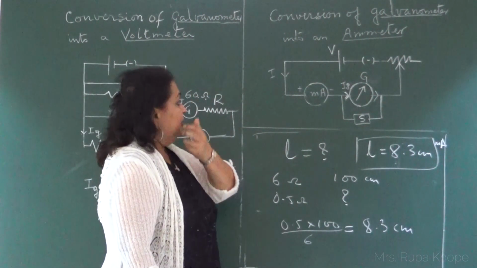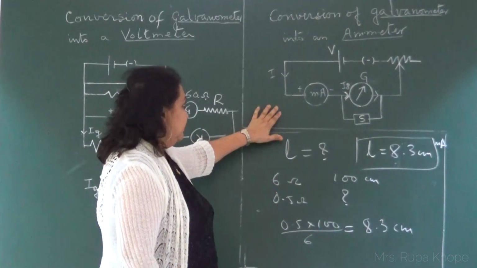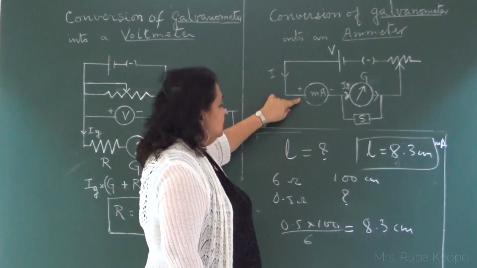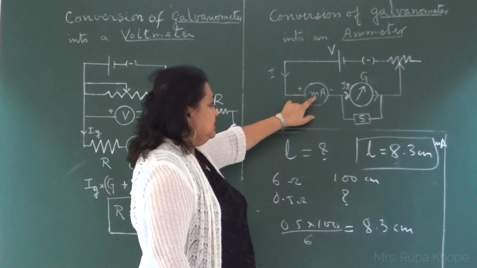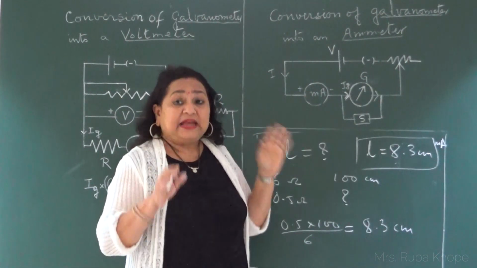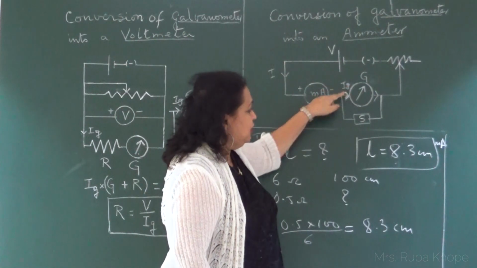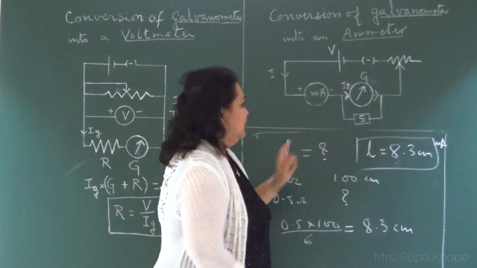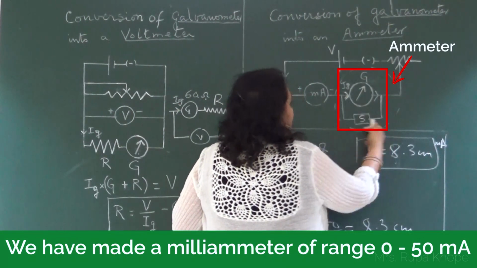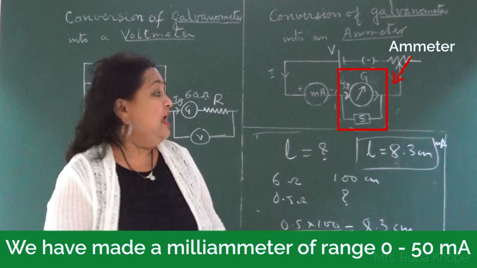Now we have to make the circuit. Let us look at the circuit diagram. This is the battery eliminator. Here the current goes. Now we are passing a current through this milliammeter, which is the standard milliammeter, and in series with that we are connecting a galvanometer with this shunt. So you know very well this particular box is nothing but a milliammeter of range 0 to 50 milliamps.